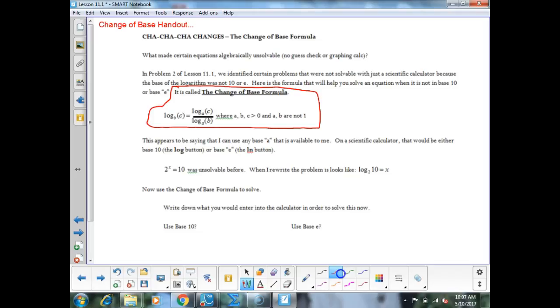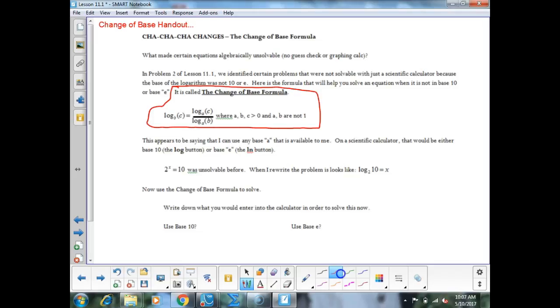Your natural log on the calculators is going to be log base E. And that's it. So you can only on your calculator do log base 10 problems and log base E problems, okay? Which is limited. The change of base formula allows your calculator to figure out any log.